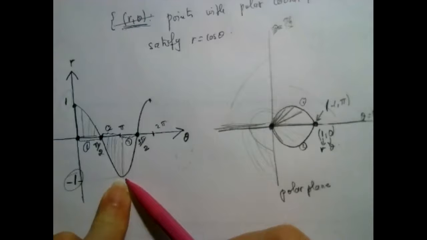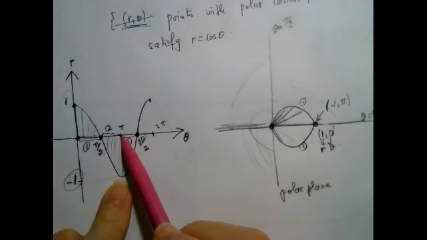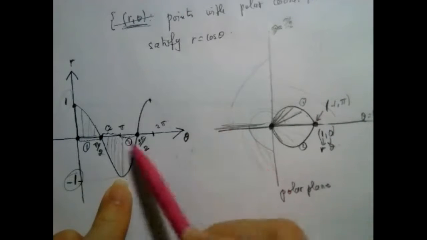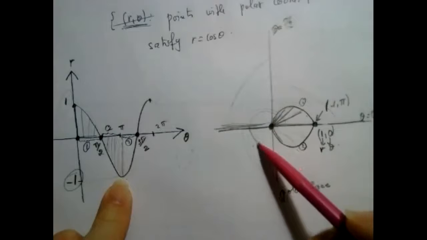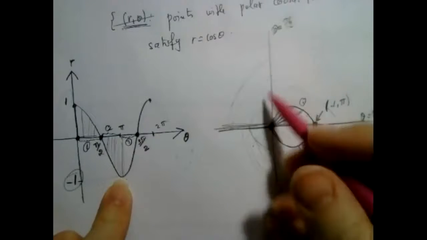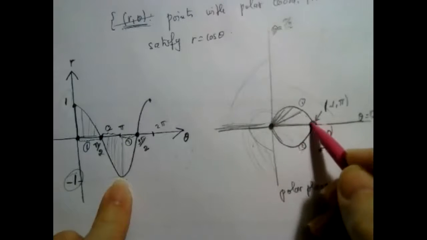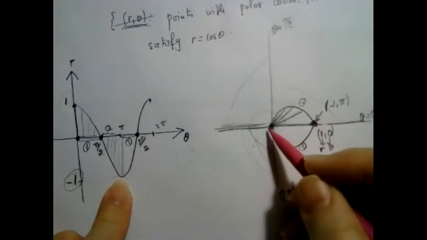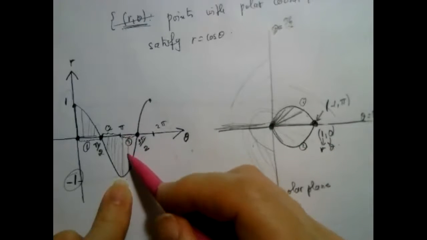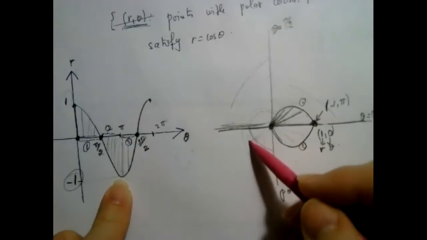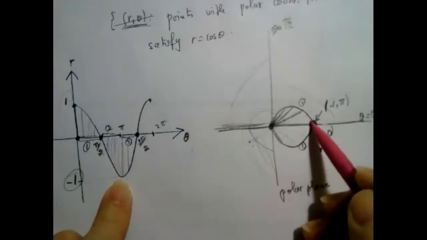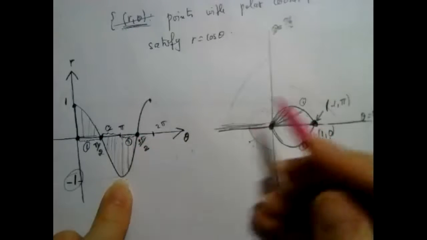It means the points that correspond to theta between pi and 3 pi over 2 are going to be back in the first quadrant, because my R is negative, and so my points are in the opposite quadrant. So at pi, I am right here. At 3 pi over 2, I am at 0. And in between the R is negative, so instead of the point being here, it will be here. At pi, I am at 1. And after that, they are going to get less and less negative.